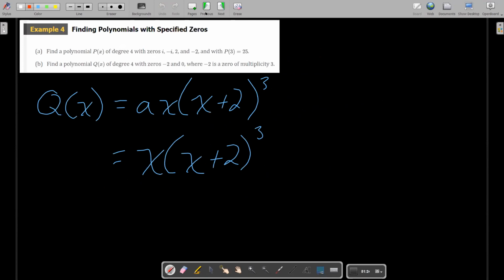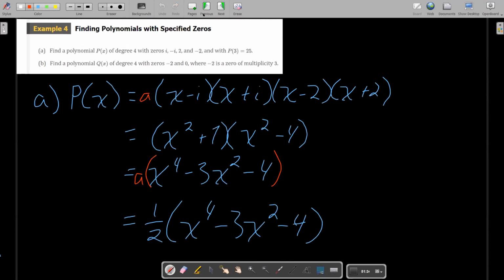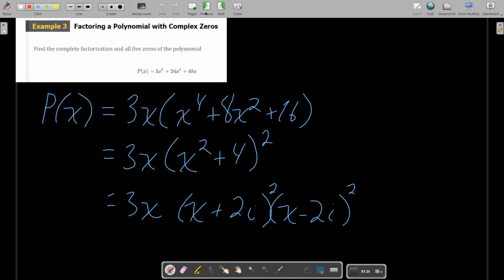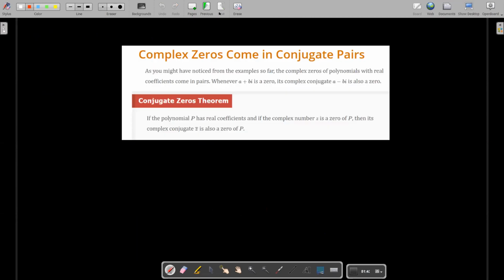Even when we were given an i, its conjugate was also present as a negative i. Okay, when we have, again, the 2i, the conjugate negative 2i was present. So hopefully that's really driven the point home, right? Whenever a plus bi is a 0, its complex conjugate is also a 0. Okay, and of course, the conjugate zeros theorem basically just restates that.